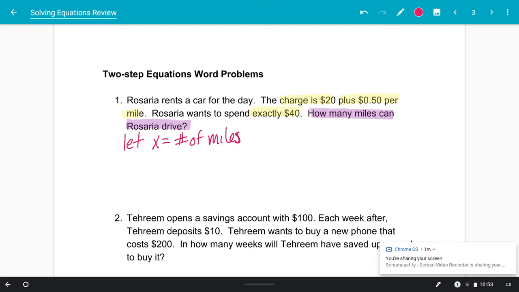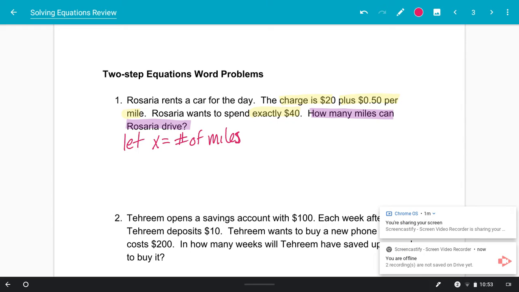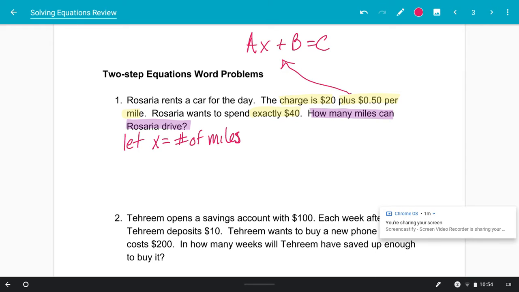Okay, so now let's go back to our question. Now we remembered that when we are doing these word problems, we are going to look for something that's going to be in that form ax plus b equals c. So Rosaria rents a car for the day. The charge is $20 plus, so there's our plus information here, 50 cents per mile. So now we said x was the number of miles, and then we see this 50 cents per mile.